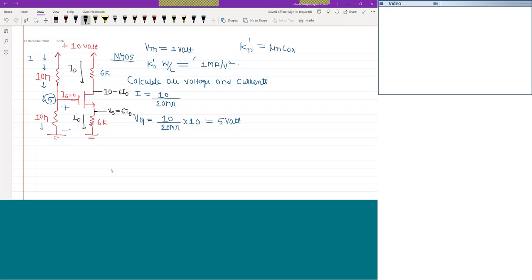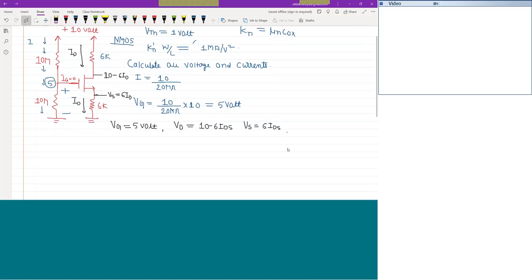So what we can say, we are having one gate terminal potential which is 5 volt and one drain terminal potential which is 10 minus 6 into IDS, and we are having one source terminal potential which is 6 into IDS बोले ID बोले, एक ही करंट फ्लो हो रहा है.